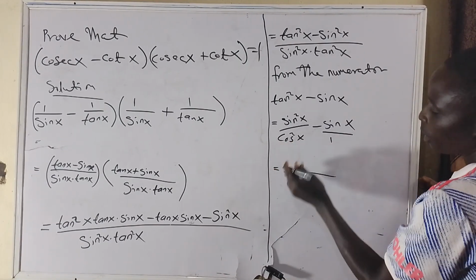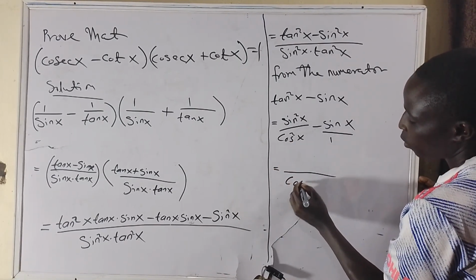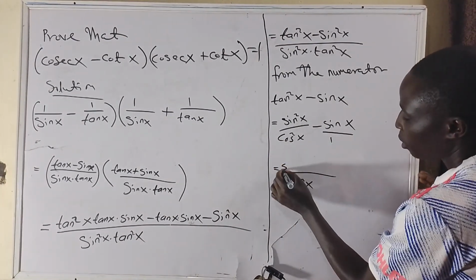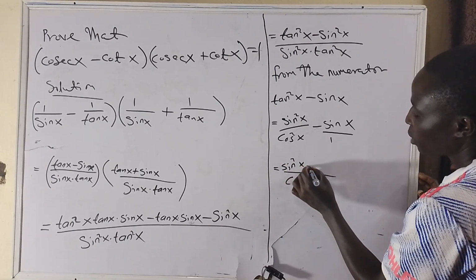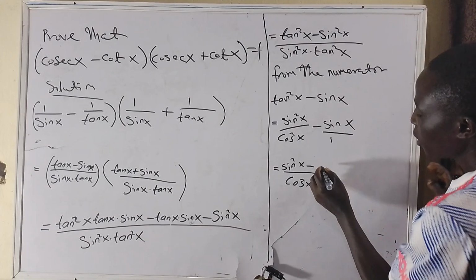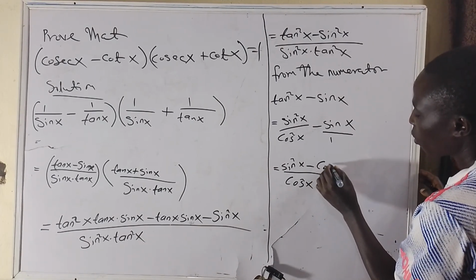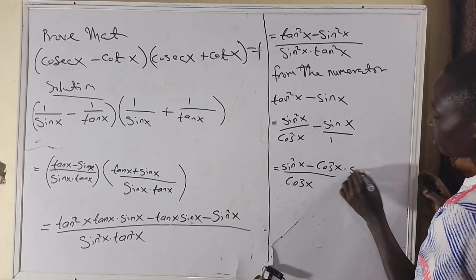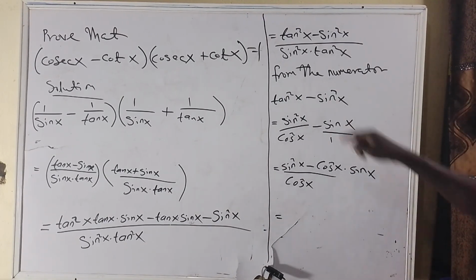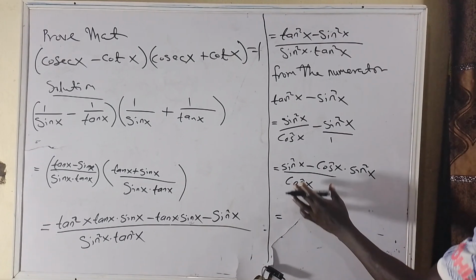The LCM here, we can see, is cos square x. Cos square x will go with cos square x, remain sin square x, minus 1 into cos square x is cos square x times sin square x.